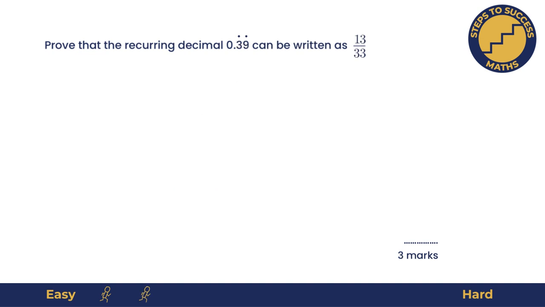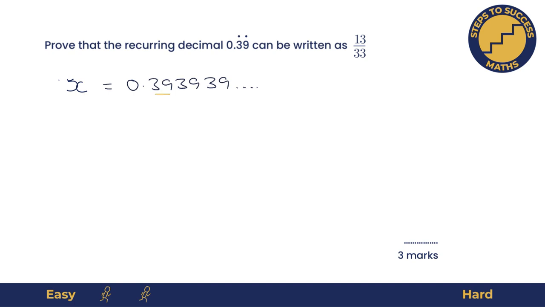Prove that the recurring decimal 0.39 recurring can be written as 13/33. So again, pretend you don't know the answer and just work from the decimal. So it's 0.39393939. Call that x. Now, we want to make a whole number with the 39-bit recurring.